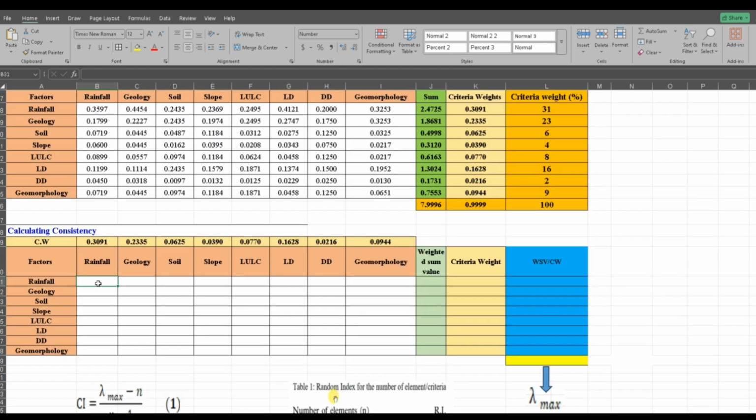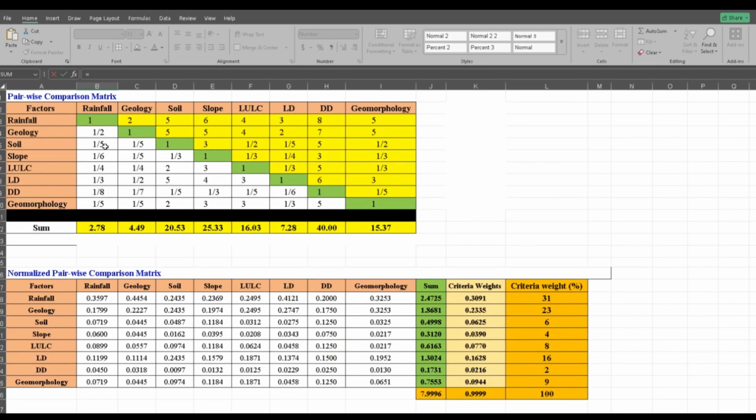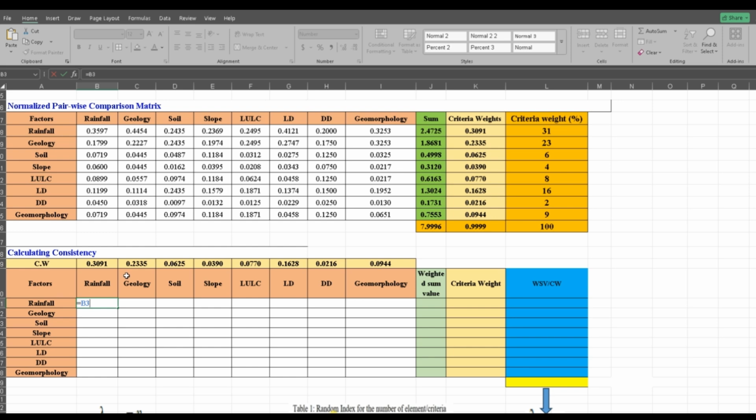The value of the first cell is equal to the value of the first cell under the rainfall column in the pairwise comparison matrix multiplied by the criteria weight of rainfall, which is 0.3091.